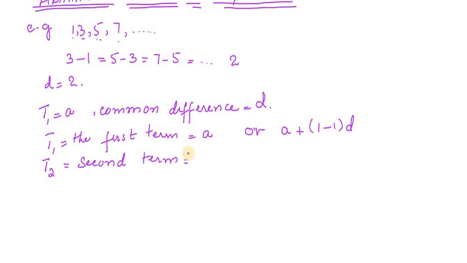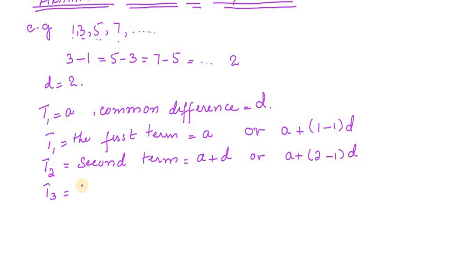We form the second term by adding a fixed number to the one preceding. So the second term is A plus D, or A plus (2 minus 1) of D. So 2 minus 1 is 1, A plus D.